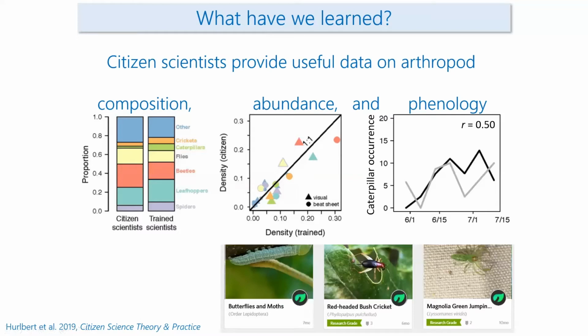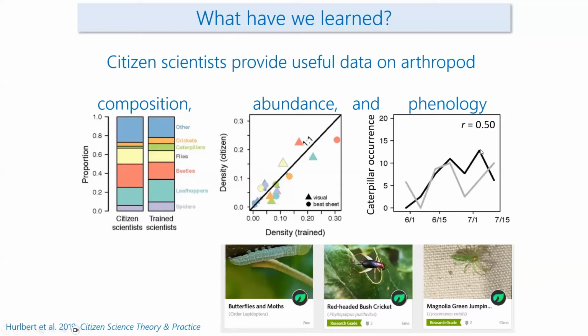And then finally, this graph on the right is a representation of the seasonal activity of caterpillars, caterpillar phenology. The black line is the estimate from trained scientists. The gray line are the citizen scientists, and they both capture this increase in caterpillar occurrence through early June, a peak in mid to late June, and then a decrease.